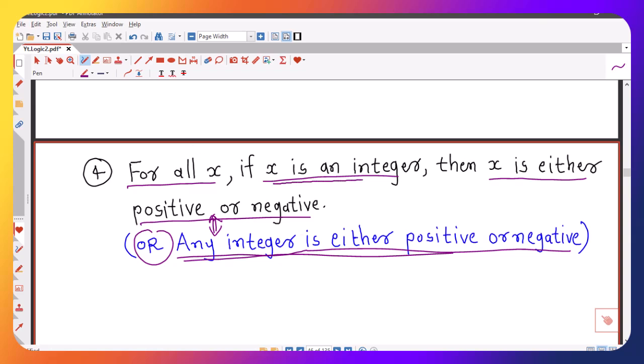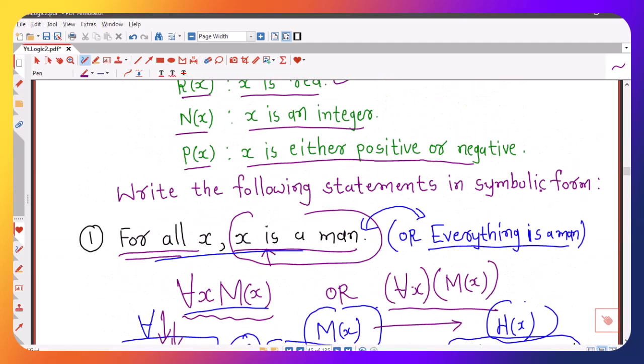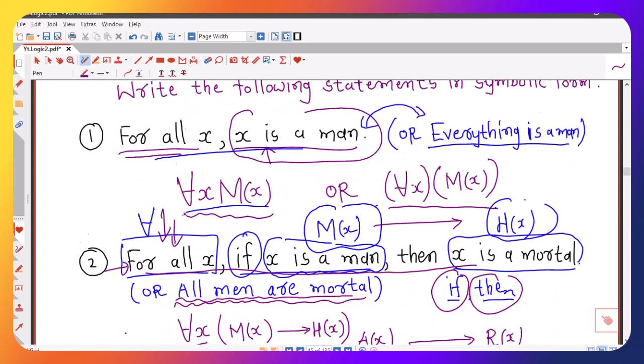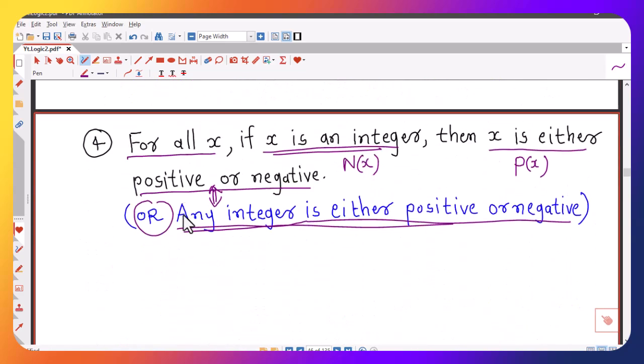Now x is an integer is denoted by Nx, and x is either positive or negative is denoted by Px in the given problem. You can see here x is an integer is denoted by Nx, x is either positive or negative is denoted by Px. So here we first write for all x.